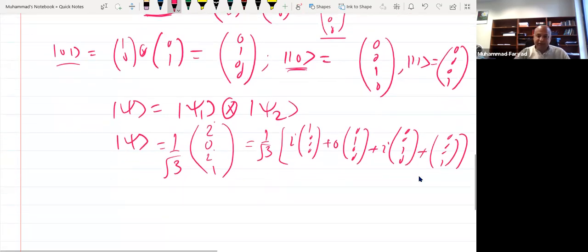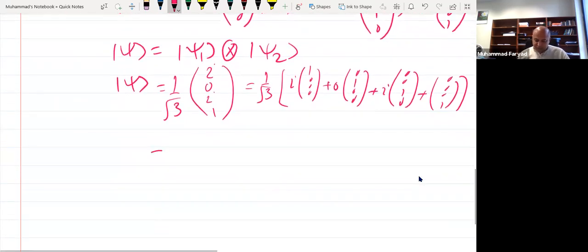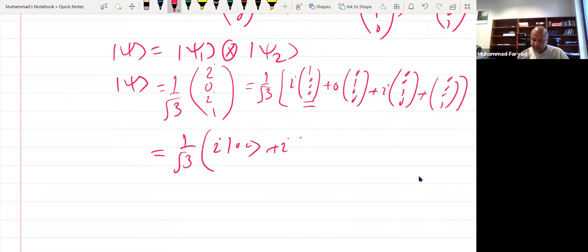Which means that this state psi is 1 over square root 3 times: this (1, 0, 0, 0) is nothing but 0 0. This (0, 1, 0, 0) is coming with 0, so I don't have to write it. And the next term is iota times 1 0, and the last term is 1 1.